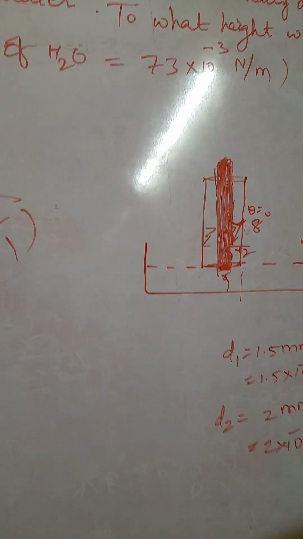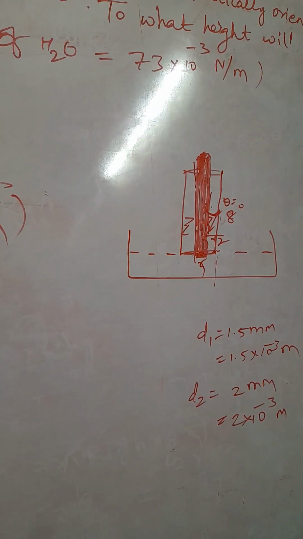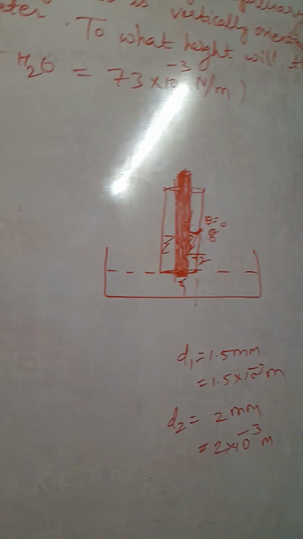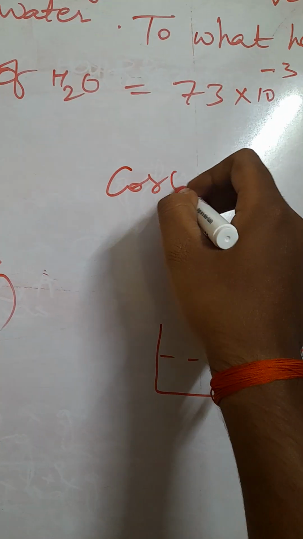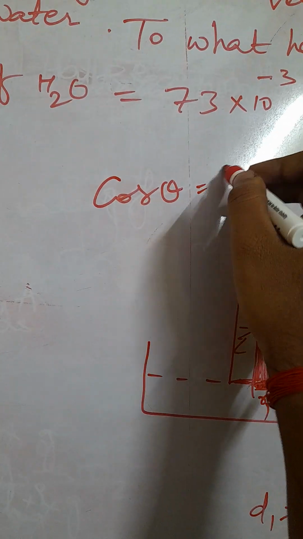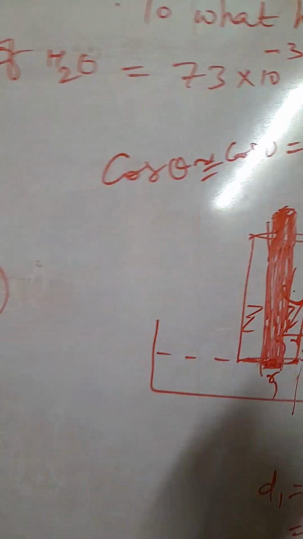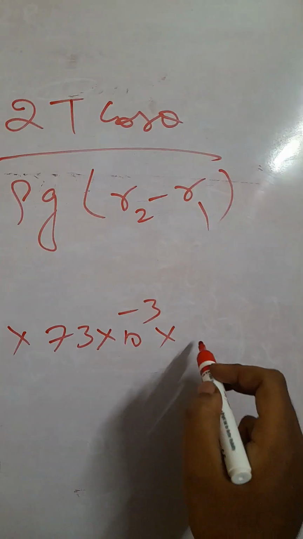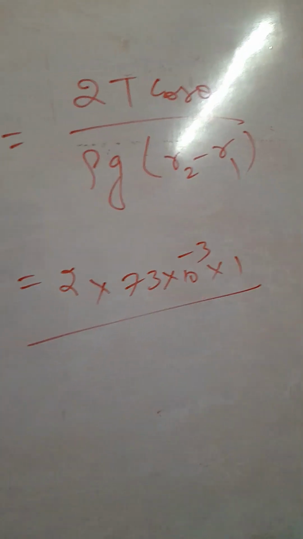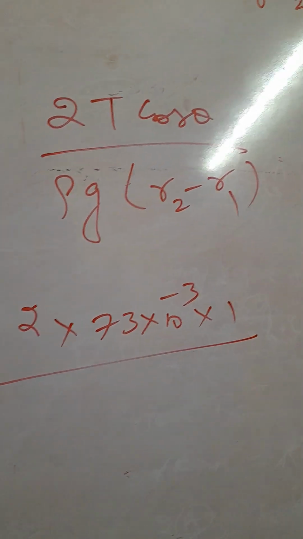So cos 8 degrees, we can approximate theta to 0 actually. So cos 0 degrees is equal to 1. We can neglect this cos theta and keep it as 1, divided by rho g.